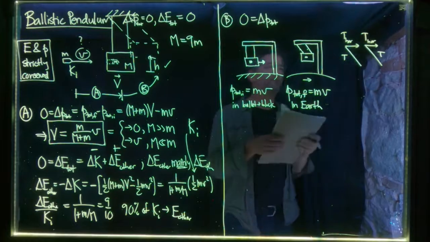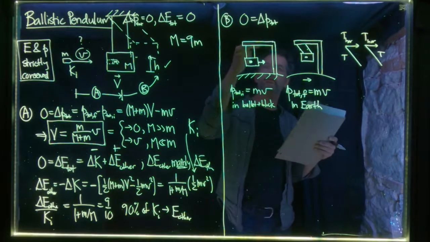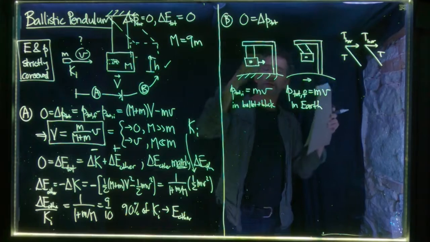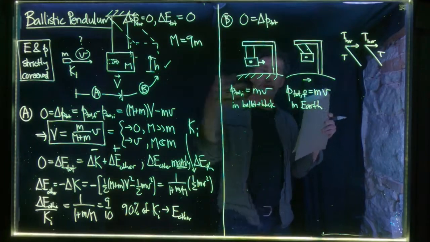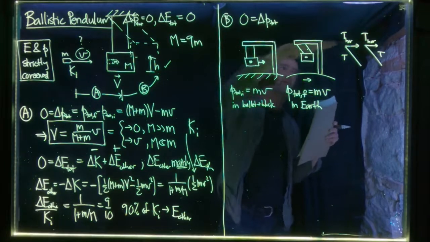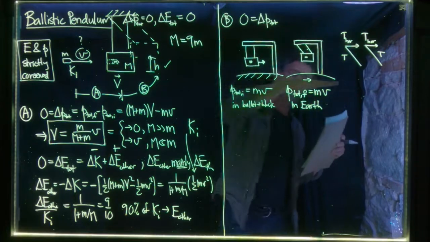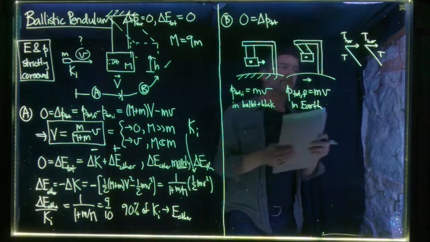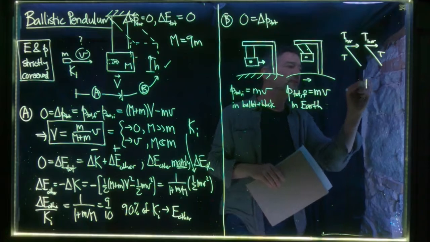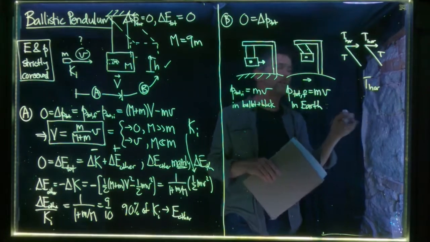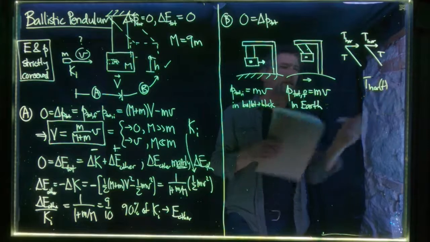So there's a force that's acting on this ceiling, which is connected to the Earth, so these horizontal forces are pushing on the Earth, and they are acting over time. So if you take the T horizontal, whatever those forces are, they might be complicated functions of time.